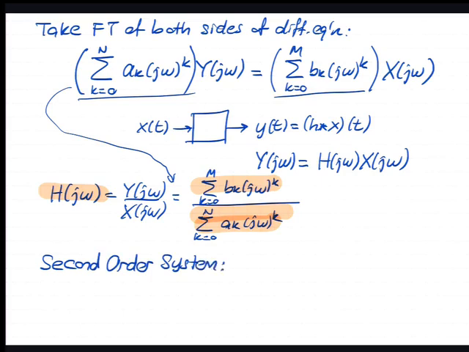So let's assume there are no derivatives of the input, so we'll take a specific form. So d squared y dt squared. Why did I start with the second derivative? Because it's a second order system. Order means the highest derivative of the output involved. All right, plus a1 dy dt plus a0 y of t equals a0 x of t.